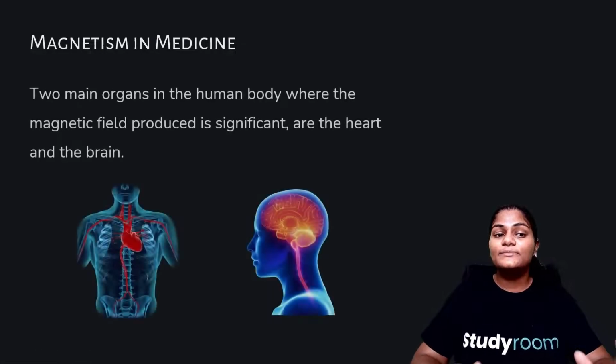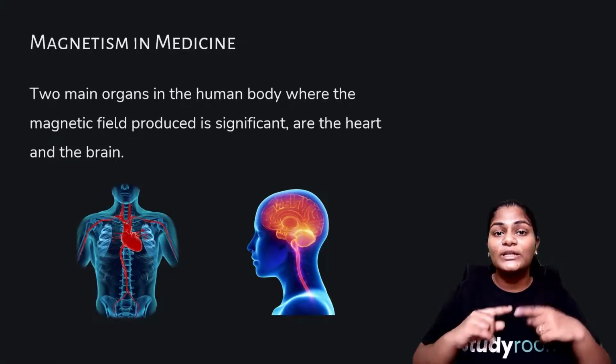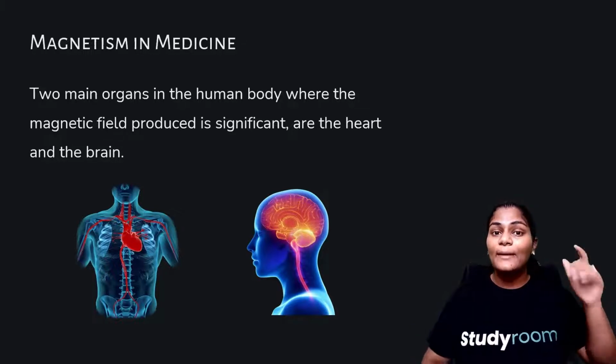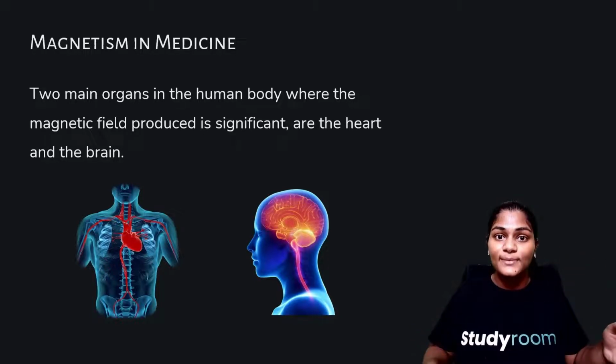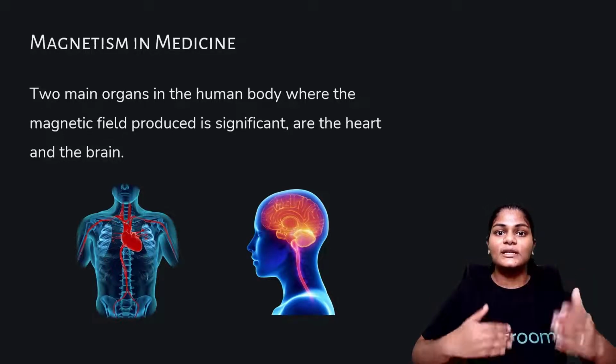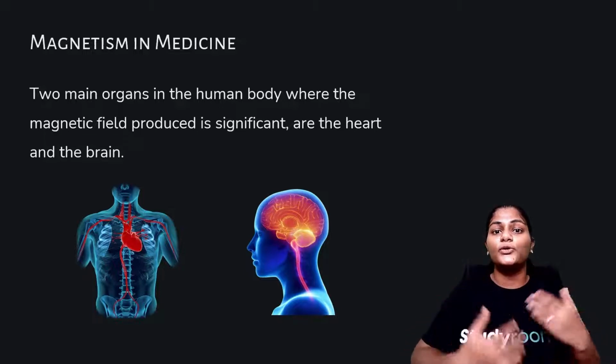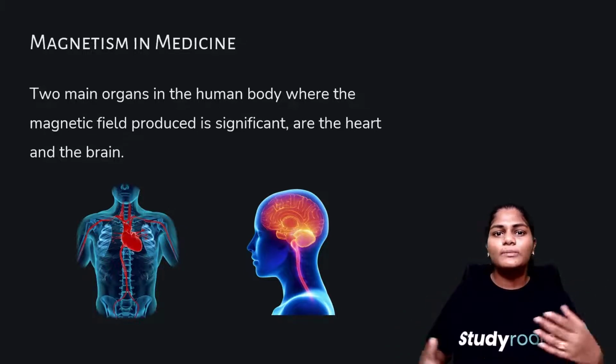Now, magnetism in medicine. This is also a very important thing that you need to know. I told you at the beginning that an MRI, which is magnetic resonance imaging, is a very important medical procedure that is conducted for getting scans of different parts of the body so that the doctors can see where any problem is in your body.